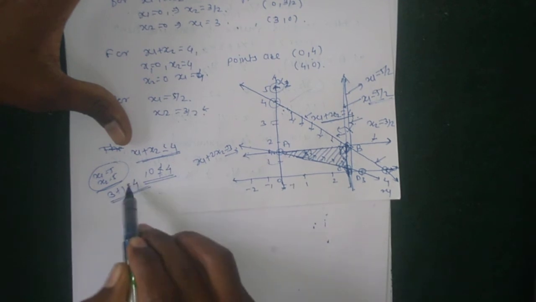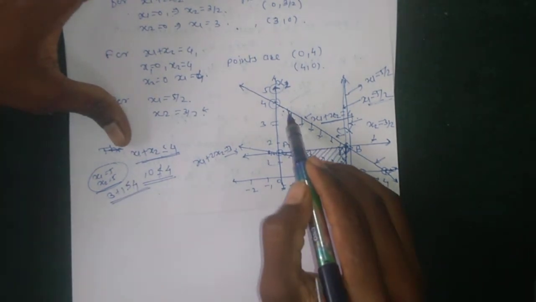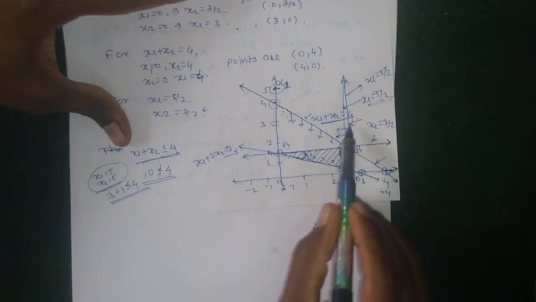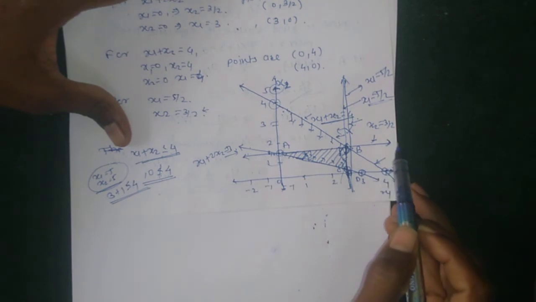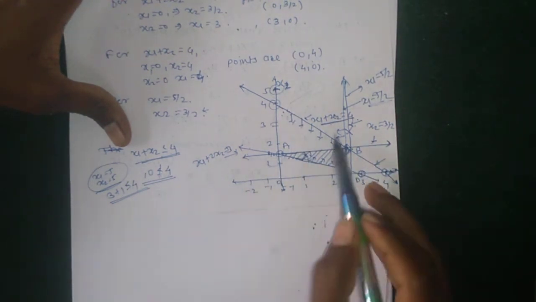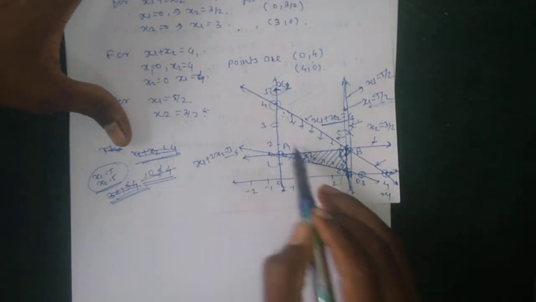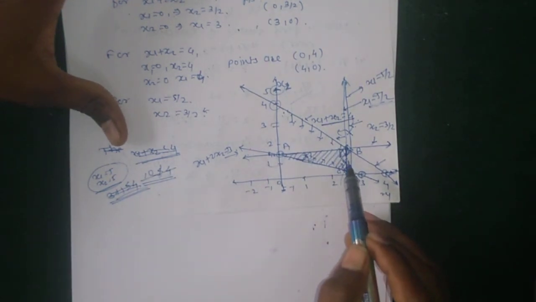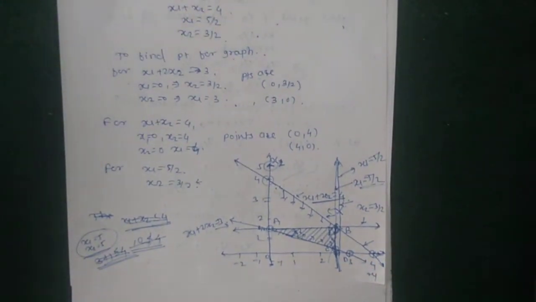This is equal to 4, which means that if we choose the region x1 plus x2 less than or equal to 4, their region must be below this line. Similarly, in this way, choose any points in this region, then they must satisfy the constraint.